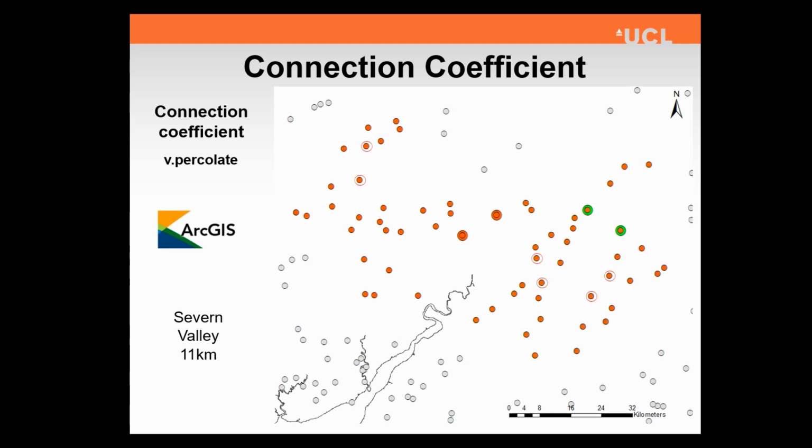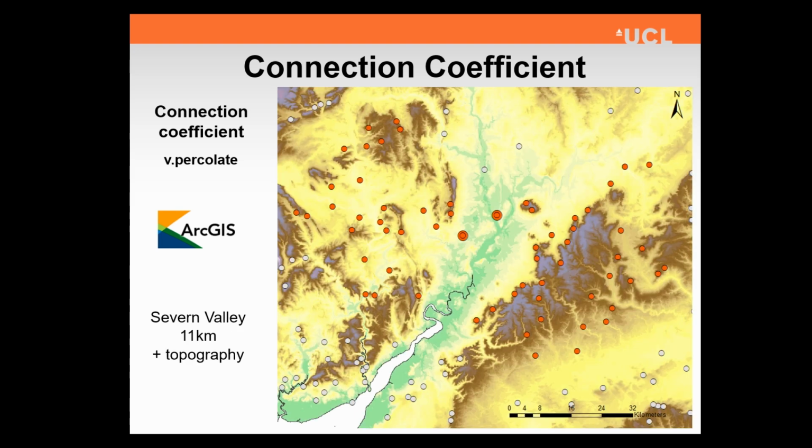So if we then step up the percolation radius to join all those clusters together, and strip out everything except the sites with the maximum connection coefficient, it's a pattern of points. We've got some coastline in there. But if we put a topographical overlay in there, a DEM, then it brings the whole thing to life. We've got a whole set of sites, a lot of which are sitting on the escarpment looking out over the Severn Valley.